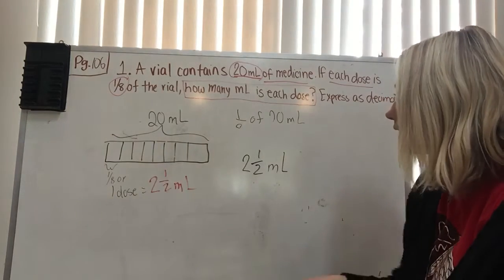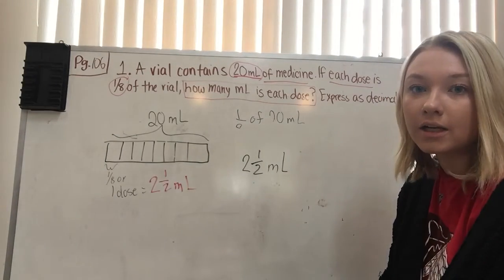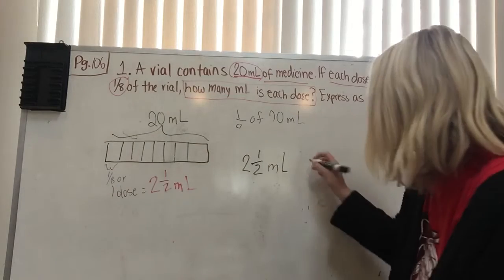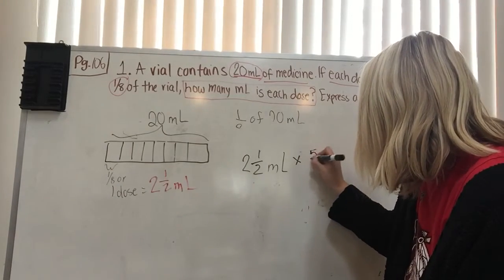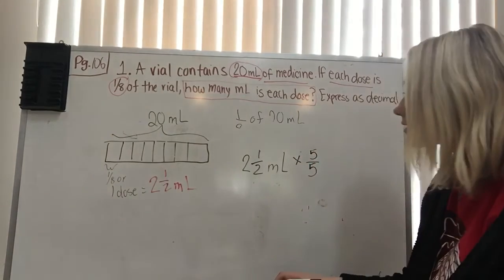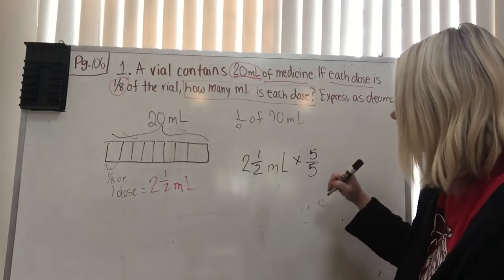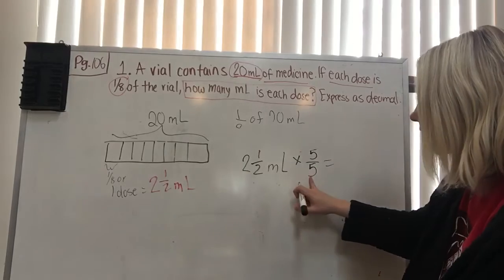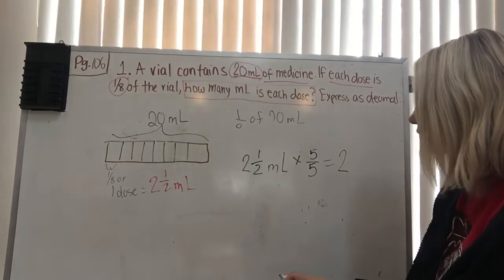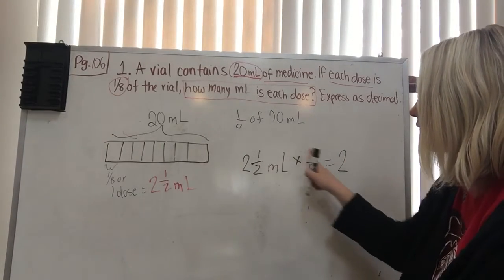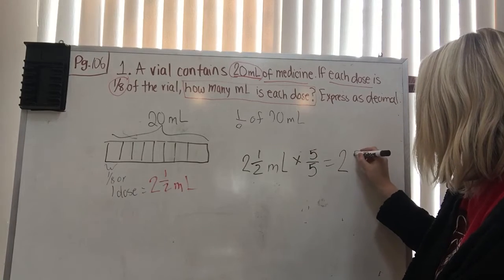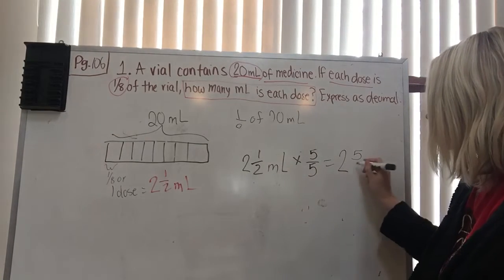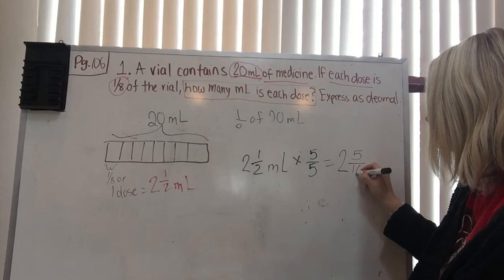And it also needs to change into a decimal. So I'm going to multiply this number by 5/5. So then it's still 1. I'm multiplying 2 by 1, so it's 2. And then 1 times 5 is 5. And 2 times 5 is 10.